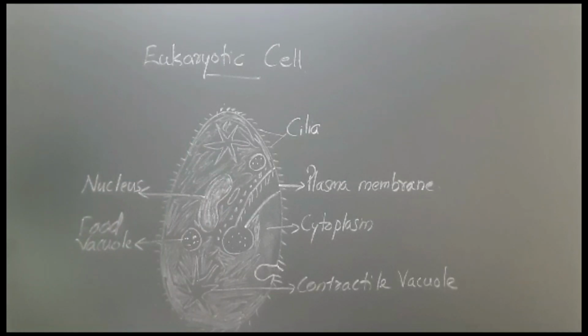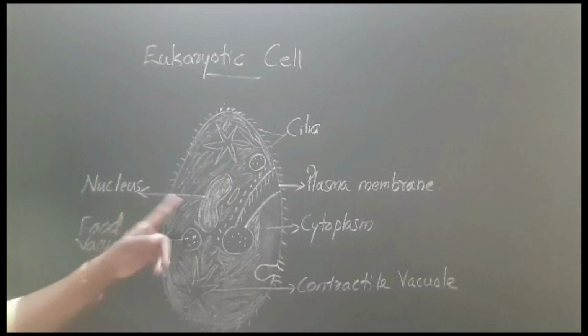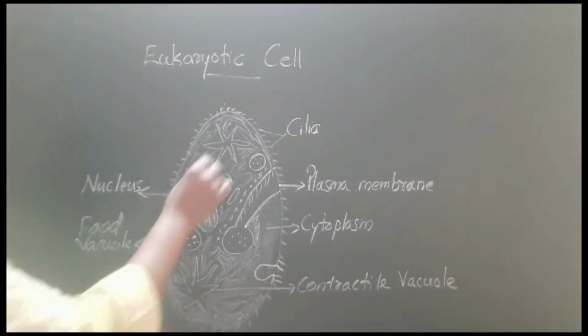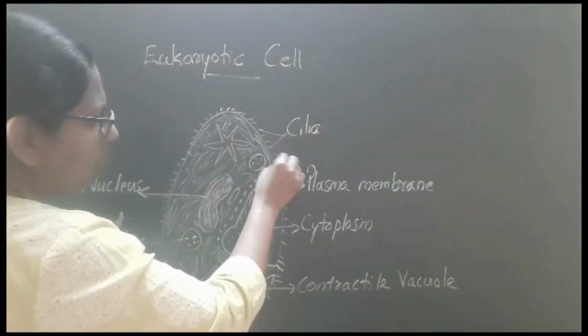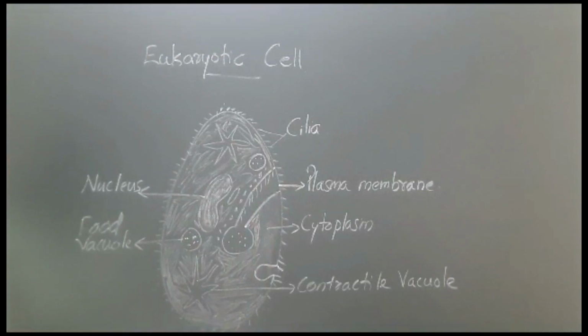Eukaryotic cells are cells containing membrane-bound organelles and are the basis of both unicellular and multicellular organisms. In this you can see a hair-like structure, that is called cilia.